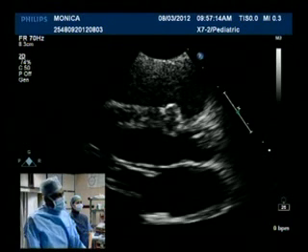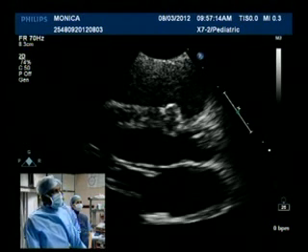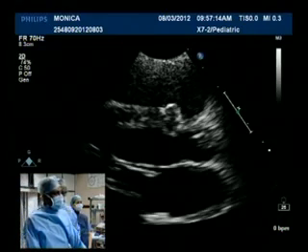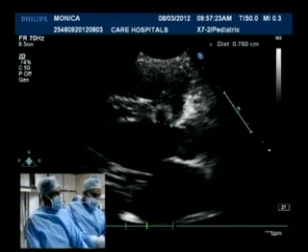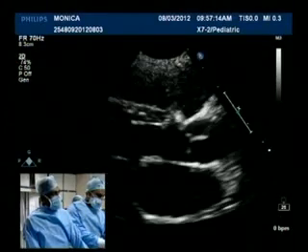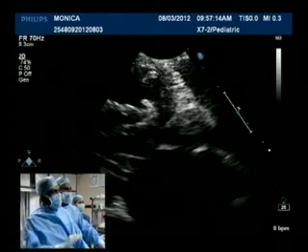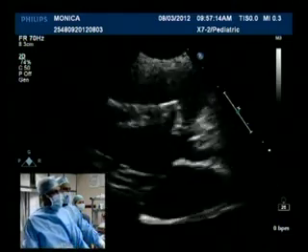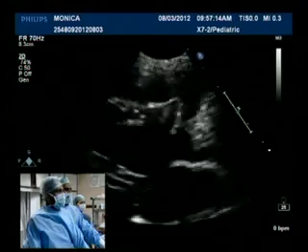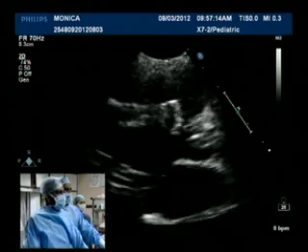So angiographically, if you have multiple jets which confuse the issue, if the estimation of the VSD by echocardiogram is underestimated, or if there is a septal aneurysm which is a little bit floppy and moves, in those situations angiogram is definitely going to be helpful.